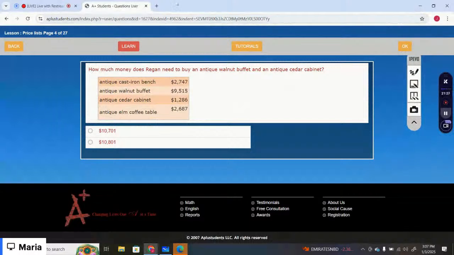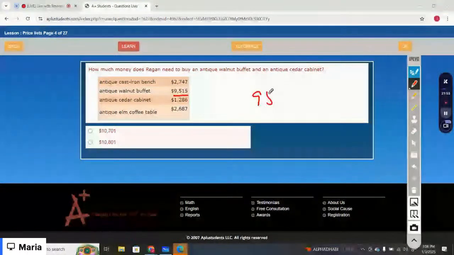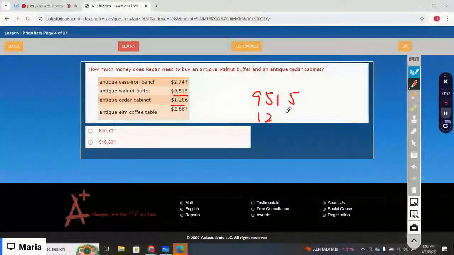How much money does Reagan need to buy an antique walnut buffet and an antique cedar cabinet? So which is the correct option? The walnut buffet is $9,115 and the cedar cabinet is worth $1,286.